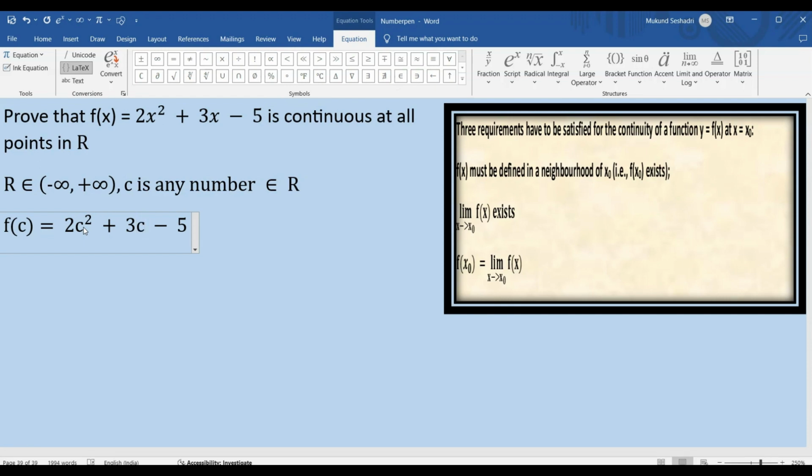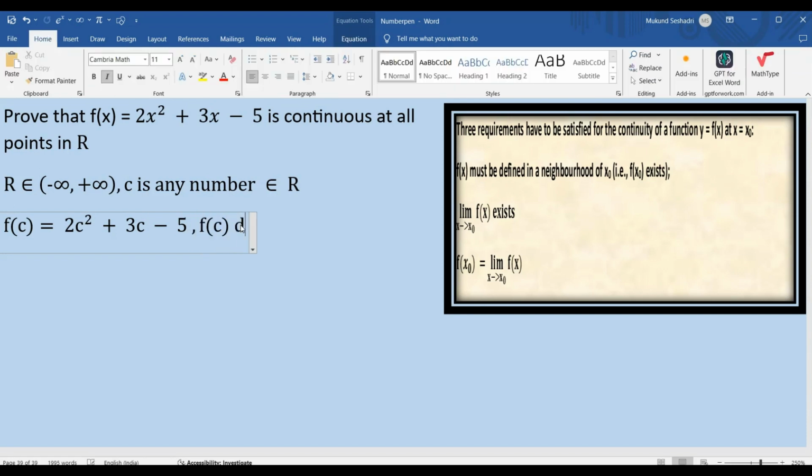And if c takes a real number, what does f of c take? Now, is there a possibility for f of c to become undefined or infinite? The answer is no. As long as c belongs to the set of real numbers, we know that f of c will always be defined.